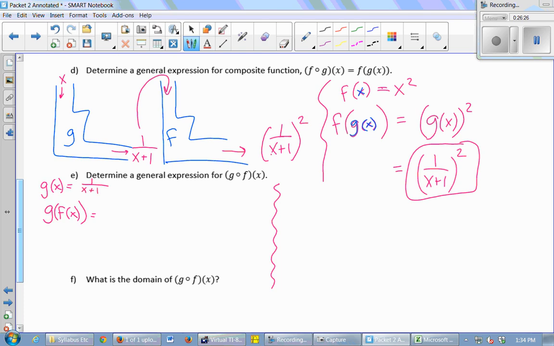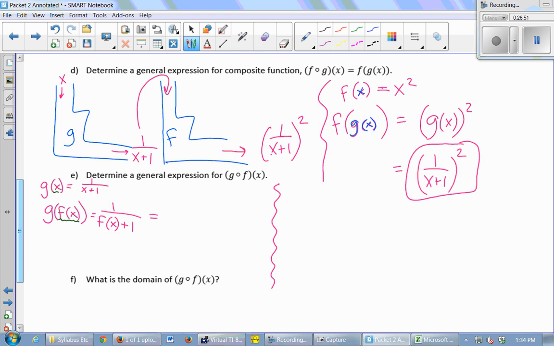So in the parentheses after the g, there used to be an x. Now there's an f of x, right? So I replaced the x with an f of x in the parentheses on the left side, which means that in the formula, I have to replace every x with an f of x. So this becomes 1 over f of x plus 1.